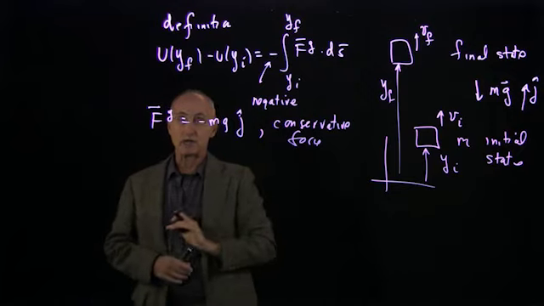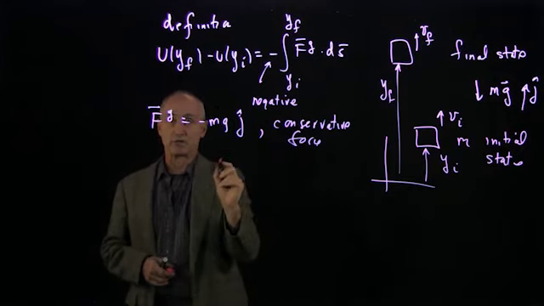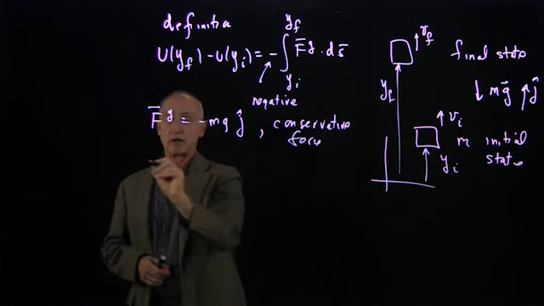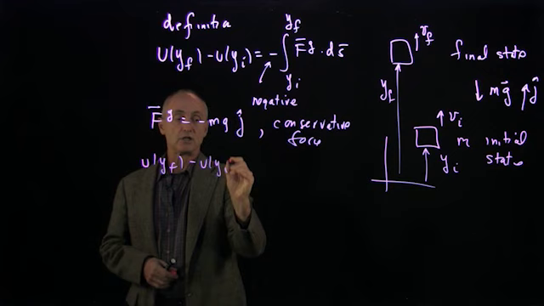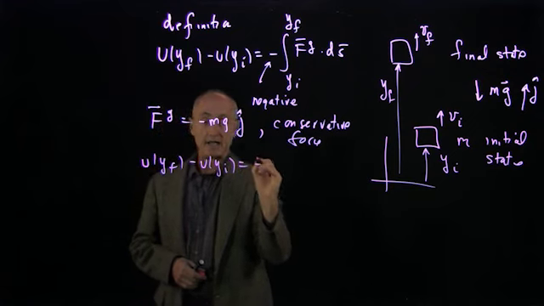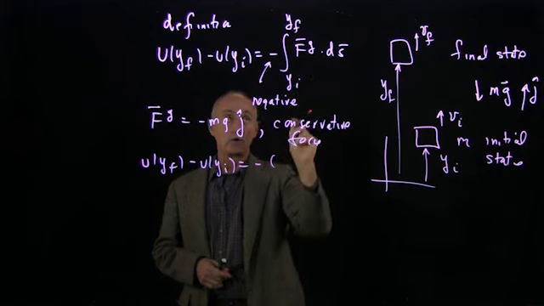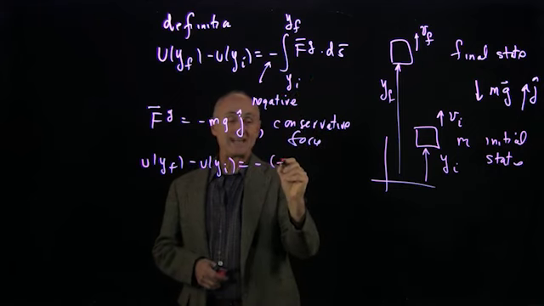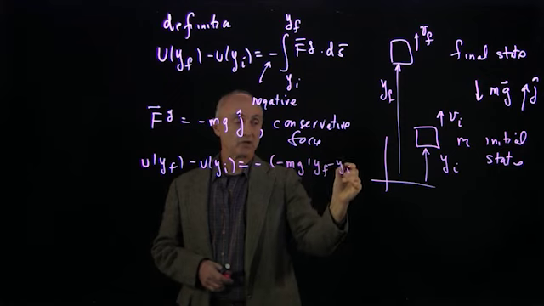So we can generalize this idea for potential energy. But first, let's just remind ourselves of the calculation. When we did this calculation before, we have U final minus U initial equals a negative sign in the definition. And when we calculated the work done by the conservative force, we had negative mg times (y final minus y initial).